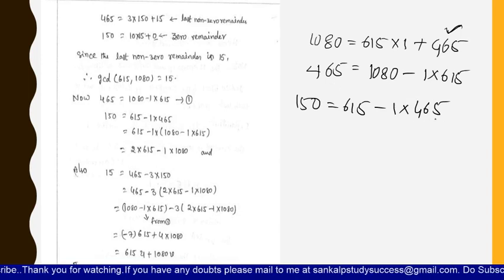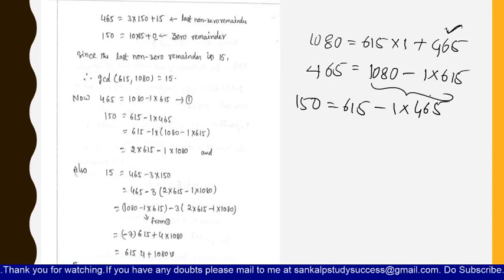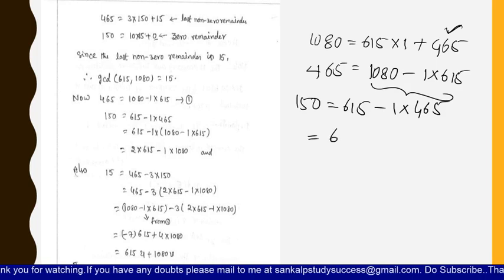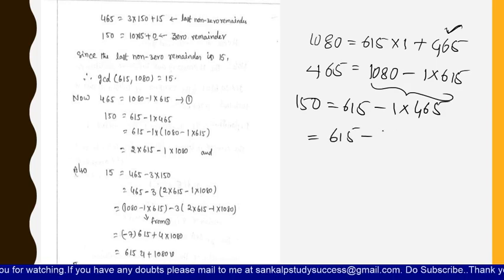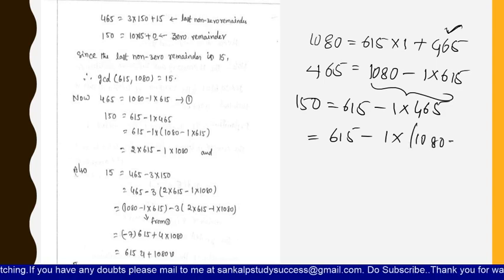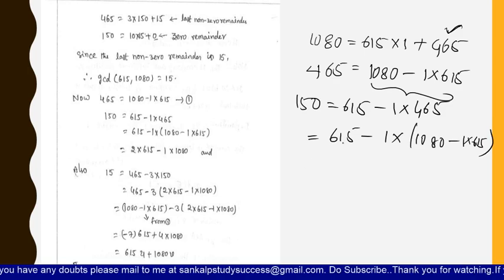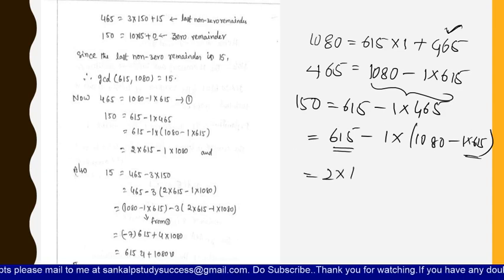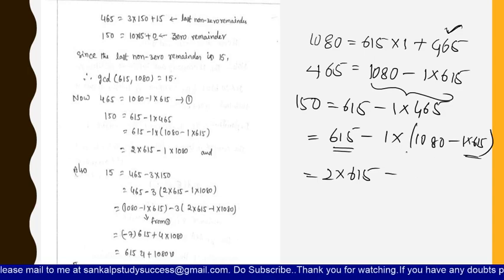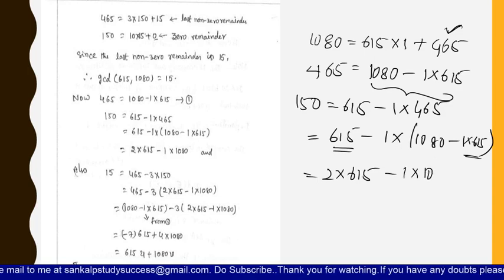Here in the place of 465 you can substitute this value, which is 615 minus 1 into (1080 minus 1 into 615). Now what does it become? There is a 615 term here, one more 615 term here. So it becomes 2 into 615 minus, there is only one term left, 1 into 1080. So we'll continue with it.